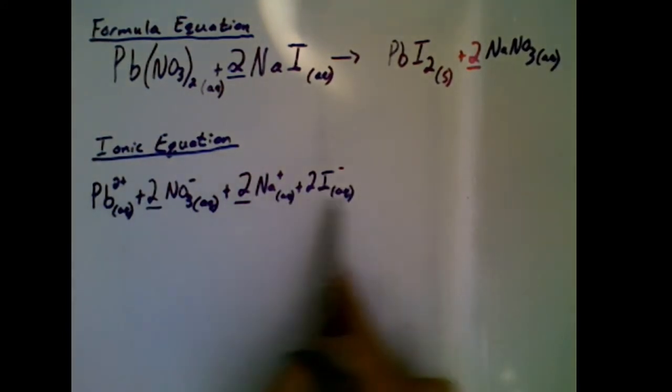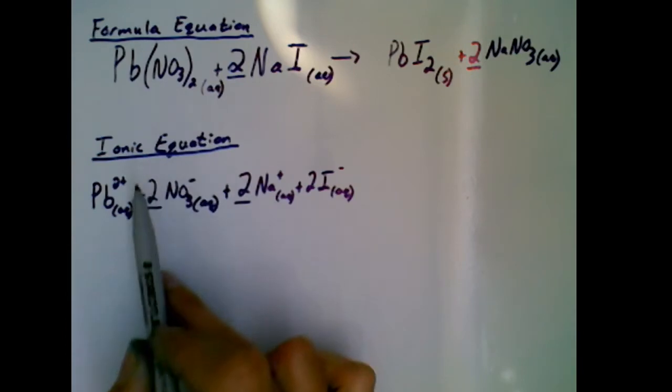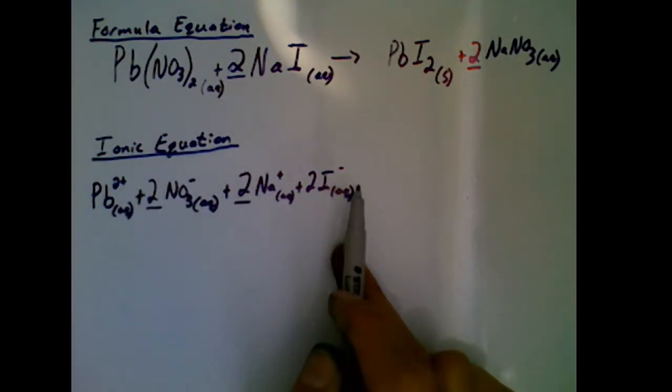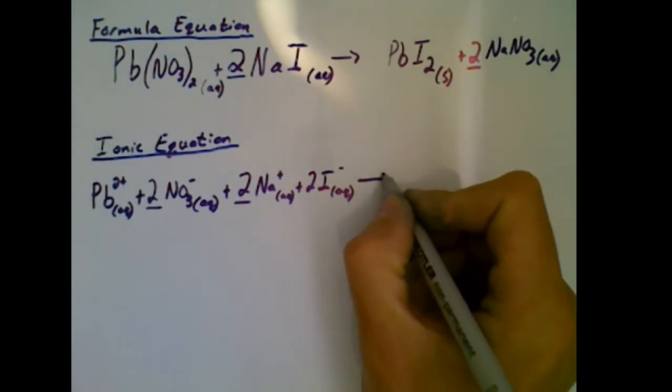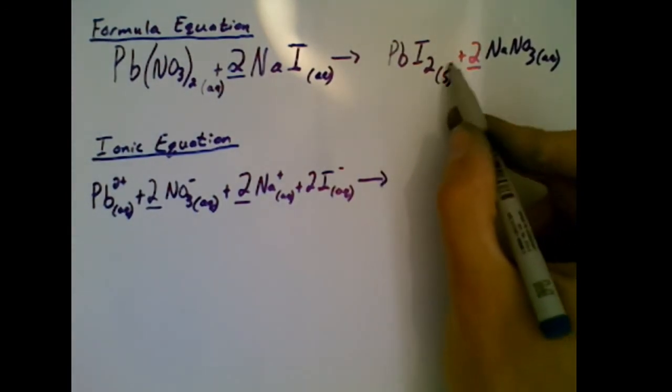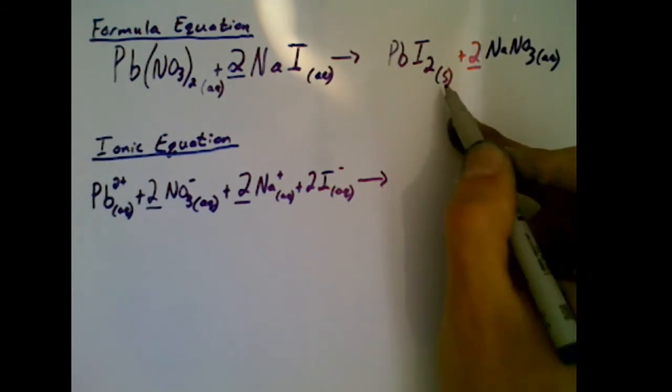So these are my reactants. Everything that was aqueous, I dissociated and wrote as a separate ion. Now, the products: anything that is not aqueous actually stays together. It is not dissociated.